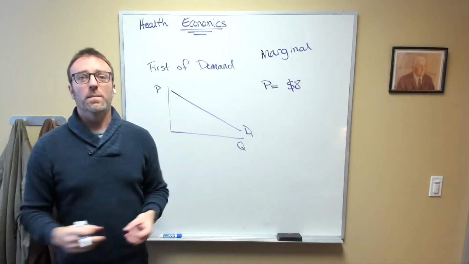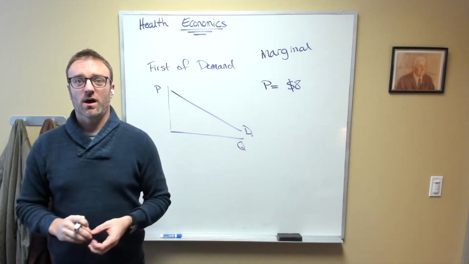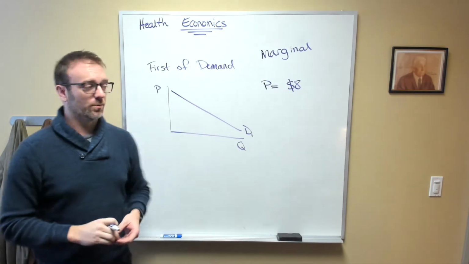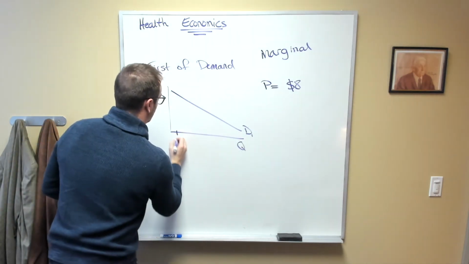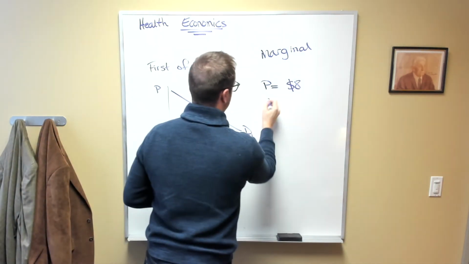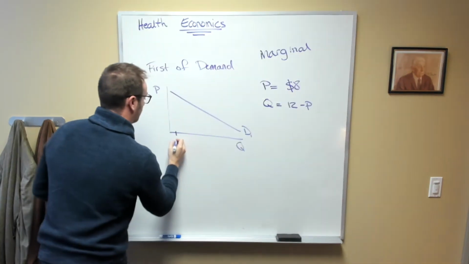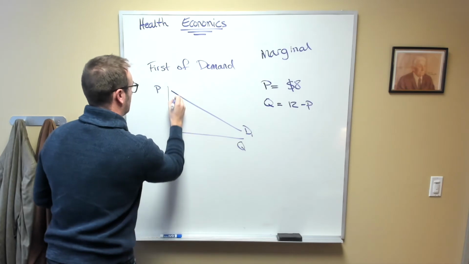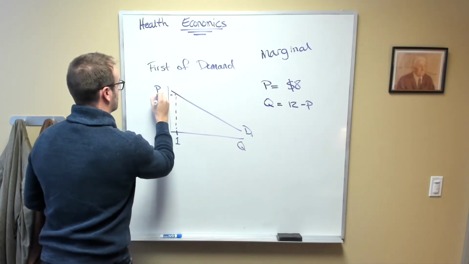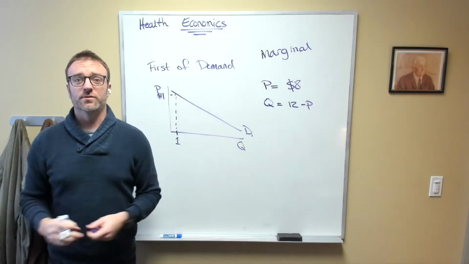If you have had no pizza tonight and pizza costs you $8, would you buy the first one? Well, in our original demand equation given by Q = 12 - P, that first pizza is going to be worth $11 to you. And so, yes, you would buy it.